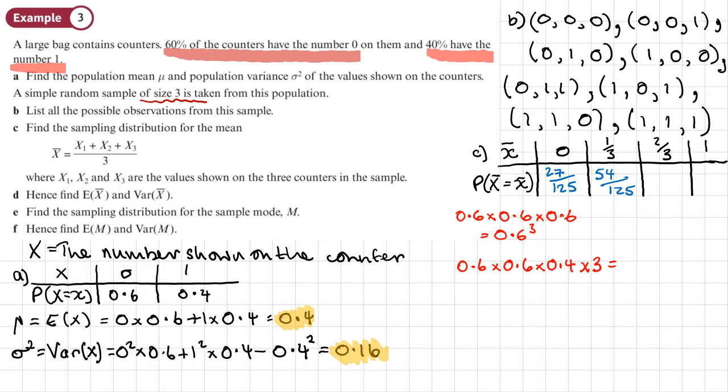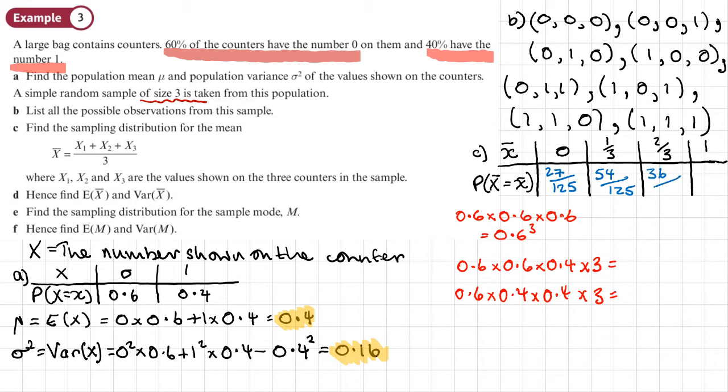54/125. When am I going to get a mean of 2/3? When 2 of the counters come up with a 1. So that's going to be 0.6 times 0.4 times 0.4. And how many different ways can I get 2 of the counters come up with a 1? 1, 2, 3. So I need to multiply this by 3. And that gives me 36/125.